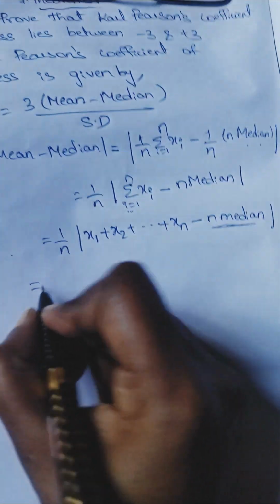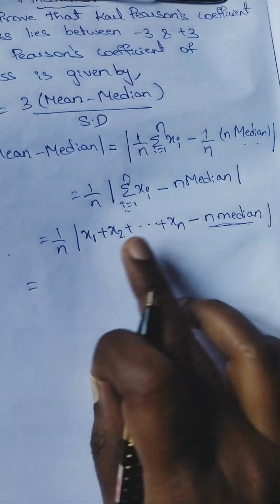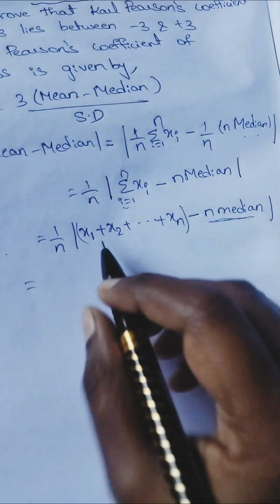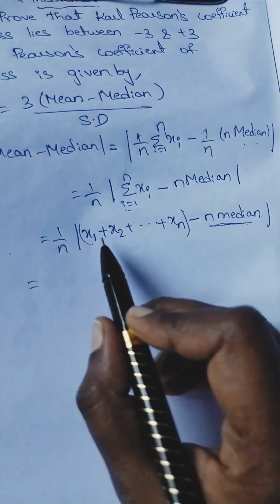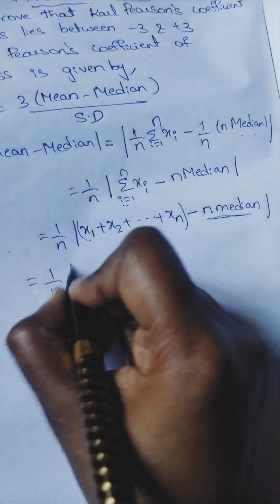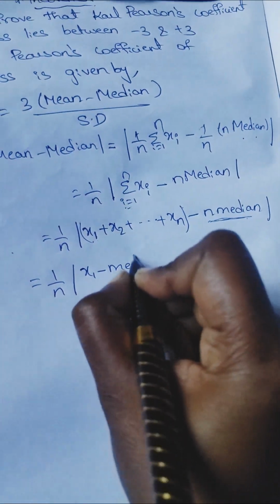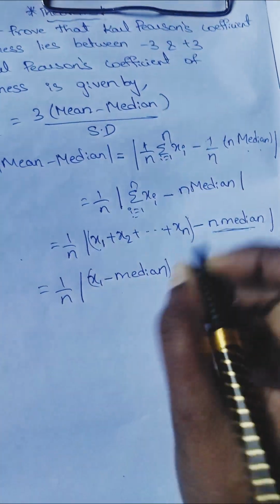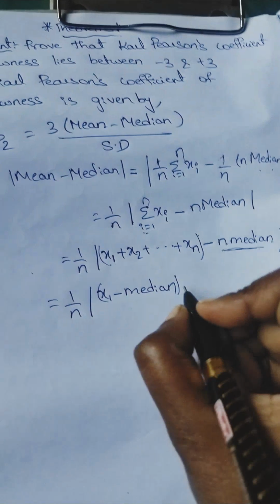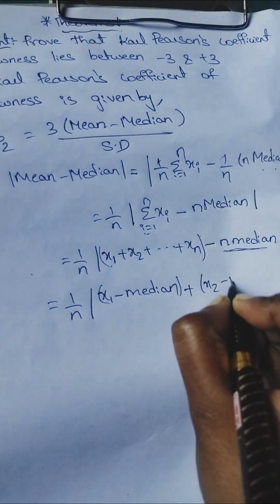As we have n medians here, I want to subtract from each observation one median, so I will put a bracket so that there is no confusion. It becomes 1 by n, x1 minus median. So one median is finished. How many are left over? n minus 1 medians, and n minus 1 observations, plus x2 minus median.